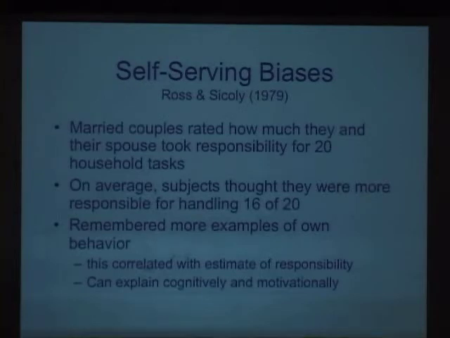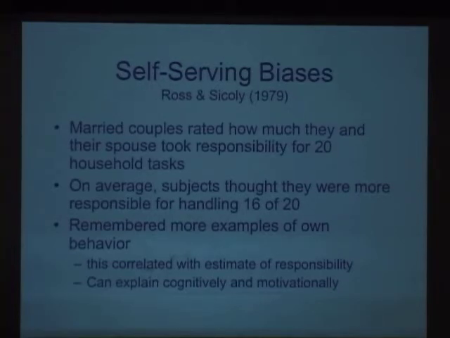One of the classic early self-serving biases, and back then they were also referred to as egocentric biases, was done by Ross and Sicoli. This is not Lee Ross, the one I've talked about a lot in here. This is Michael Ross. And up until last year, I assumed Michael and Lee Ross were brothers, but it turns out no relation whatsoever. So really different Ross altogether.